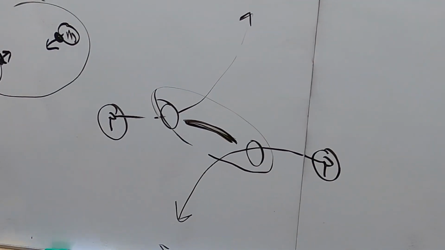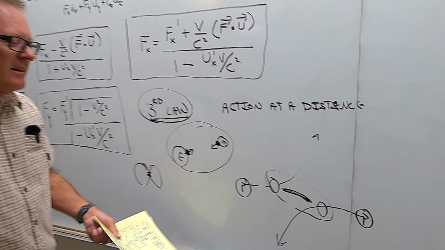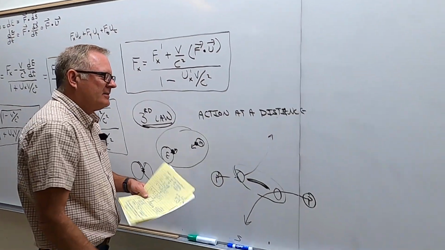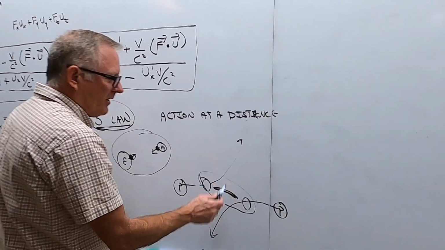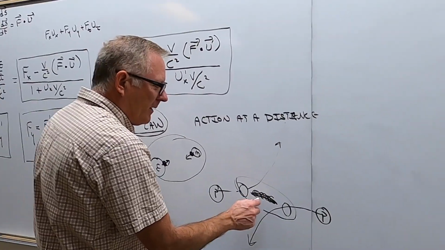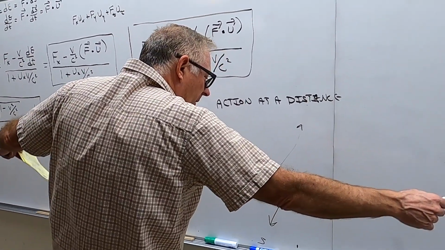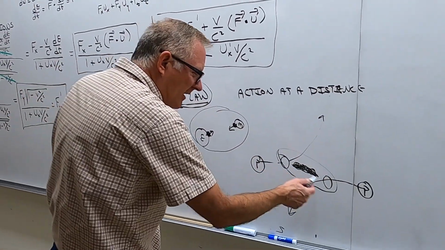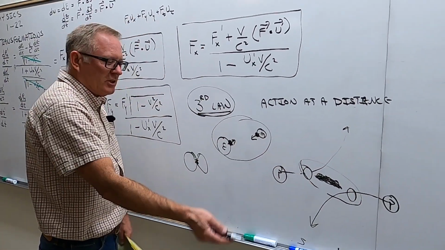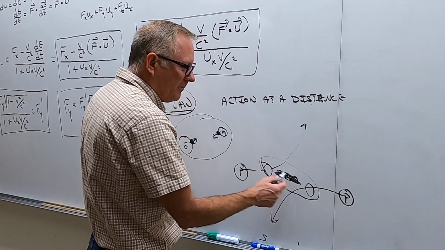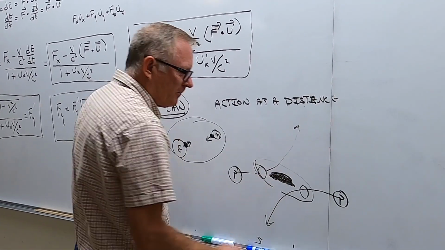And there is momentum in that electric field. There is energy in that electric field. So some of that energy and momentum is in this field. Now, when you're a long ways away, momentum is conserved because there isn't any field being exchanged between them. There is some momentum being exchanged through this field.